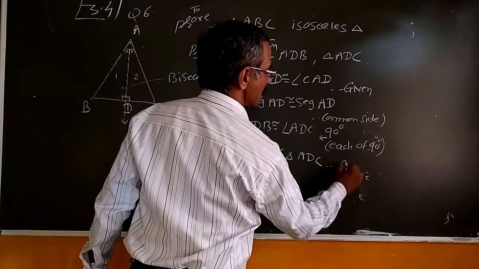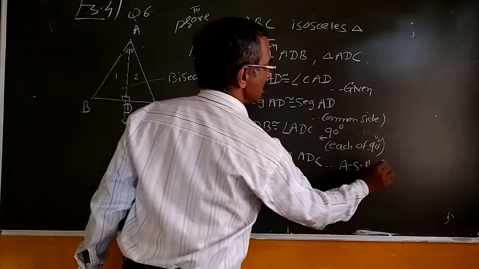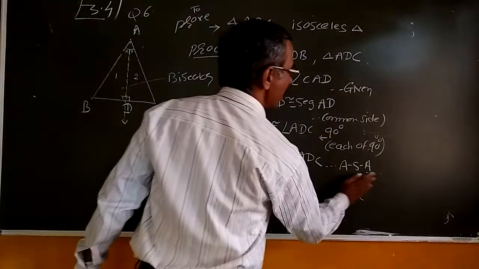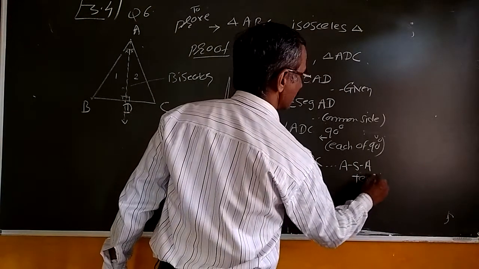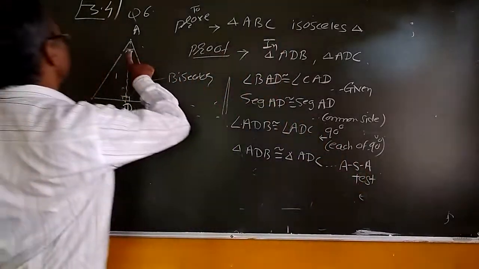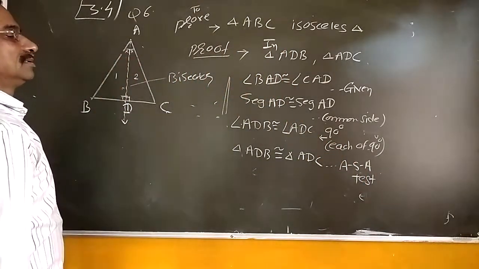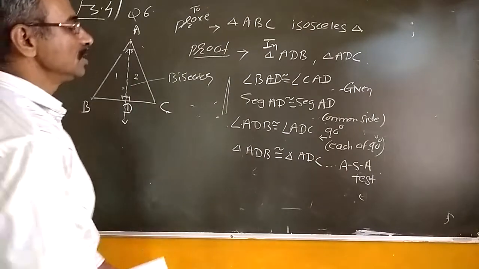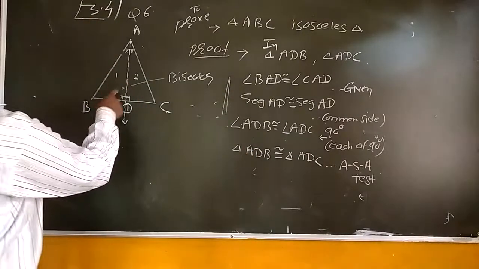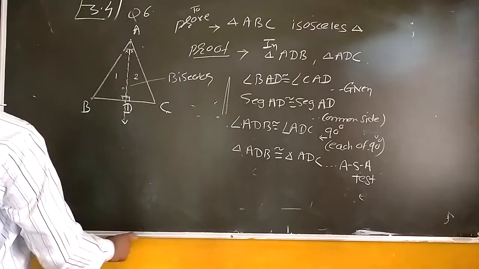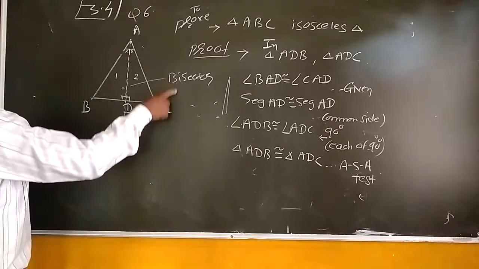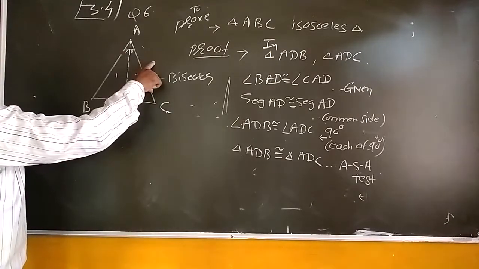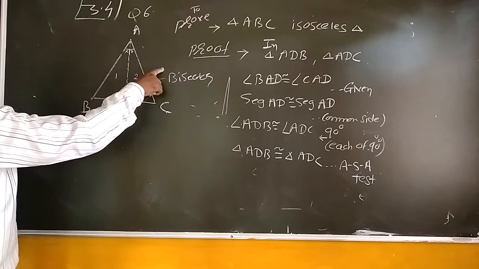These two triangles are congruent by the ASA test: two angles and the side between them. Means by the ASA test, the two triangles ADB and ADC are congruent. So their corresponding sides and corresponding angles are congruent.